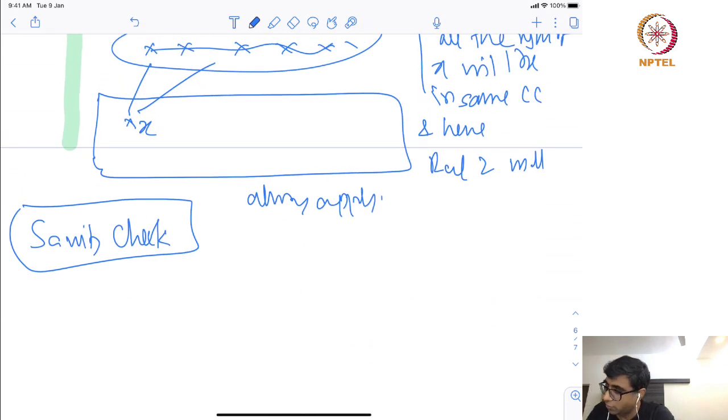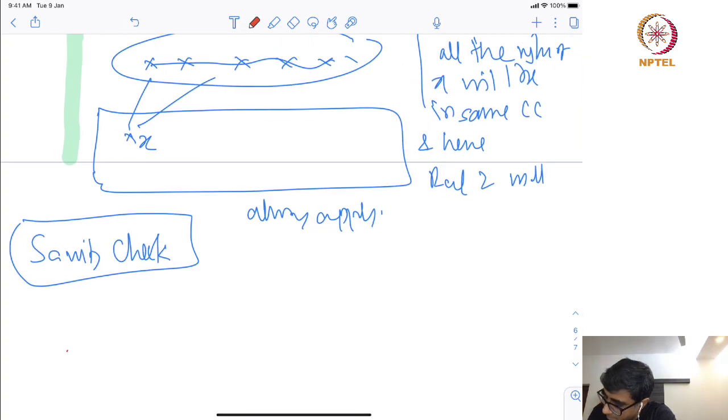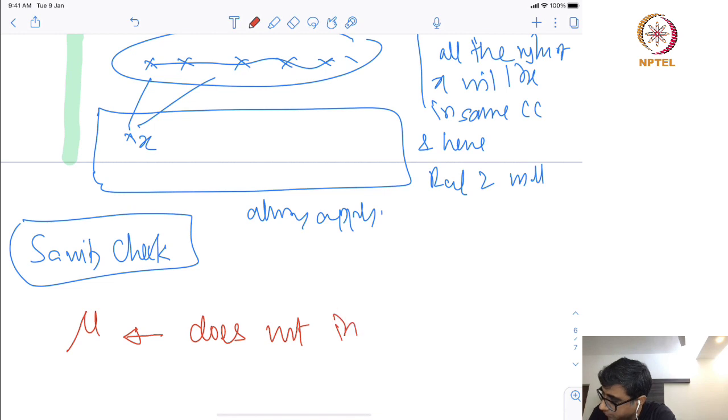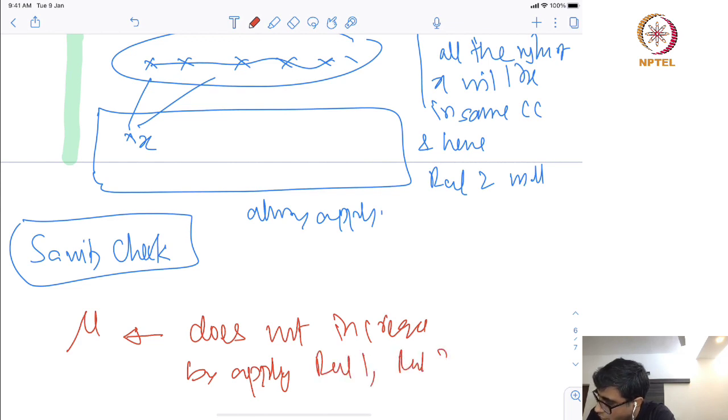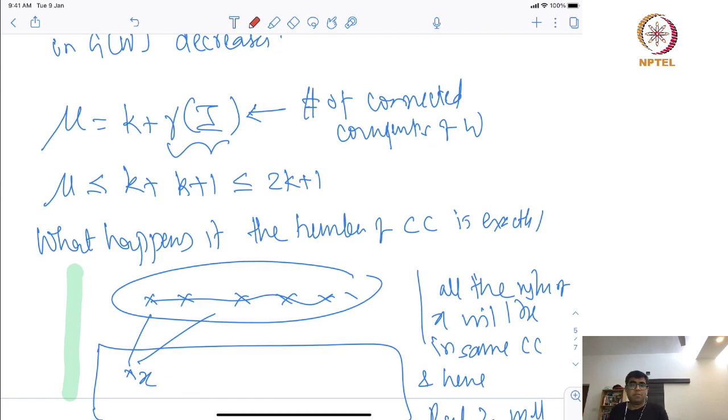Now that we have introduced a measure, an important point to notice is that measure mu does not increase by applying rule 1, rule 2 and rule 3, right. Because what was rule 1? Remove a degree 1 vertex. If you remove a degree 1 vertex, the number of connected components cannot increase.